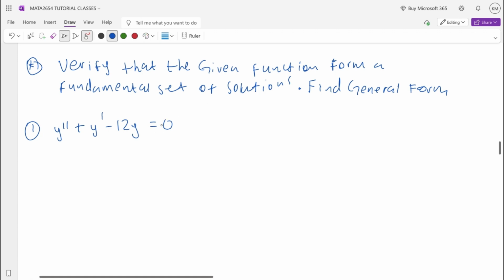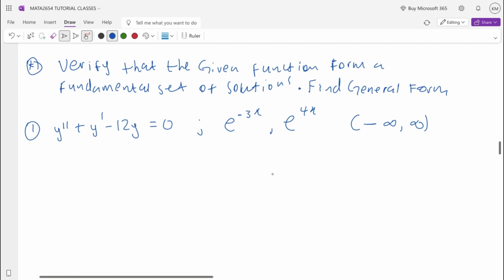It's the first question on the exercise. Then they gave you the solutions, or rather functions, as e to the minus 3x and e to the 4x on the interval minus infinity to infinity.